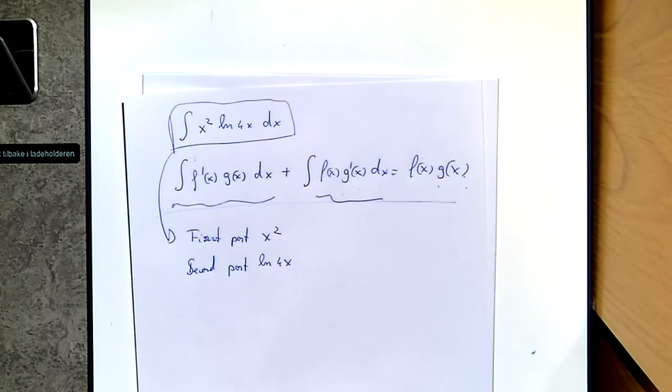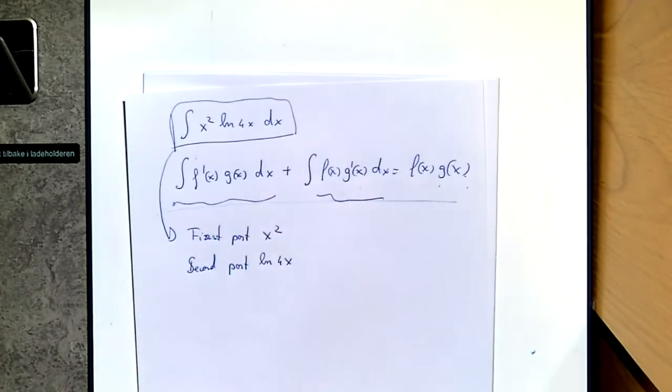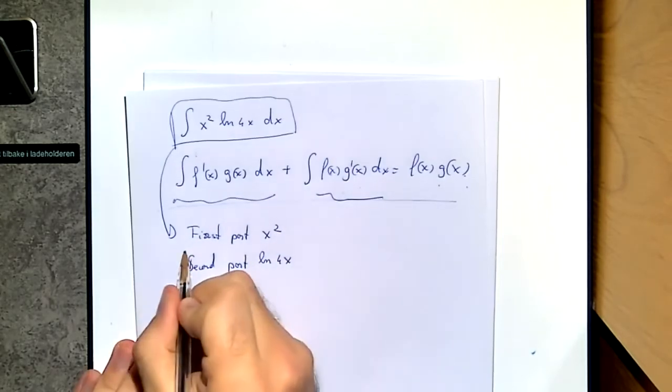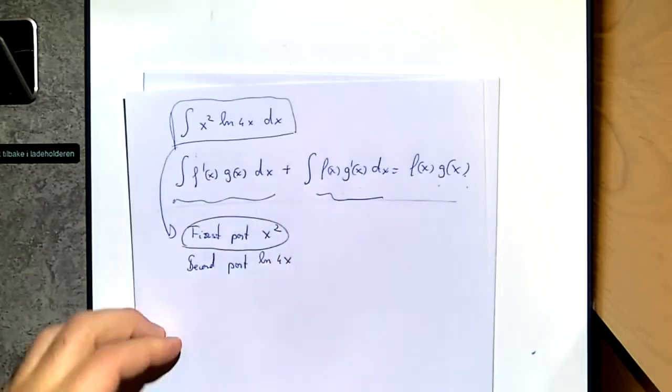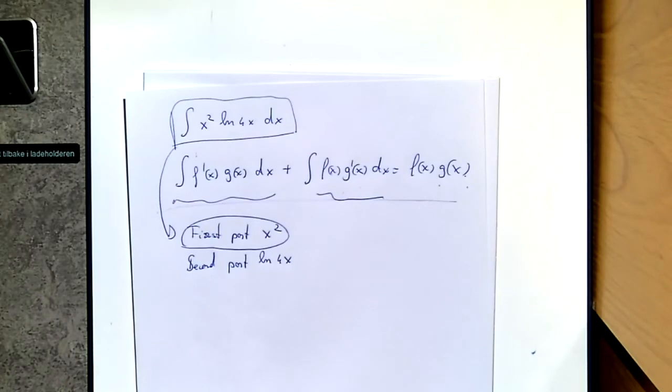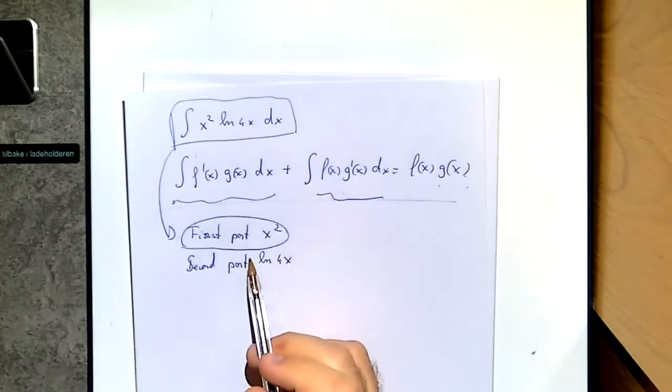Again, no derivatives. I need to have a derivative in order to apply the by parts. So I'm going to choose to compute the antiderivative, or the primitive, of the first one, of x squared. You can apply it on the other side, you can apply it for this one as well, but I'm going to choose x squared.